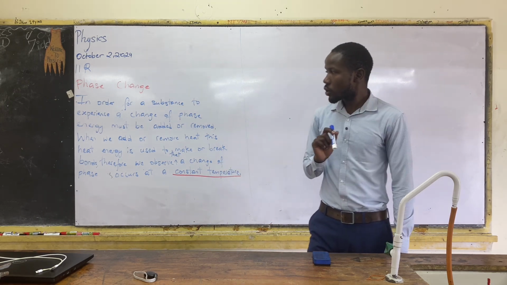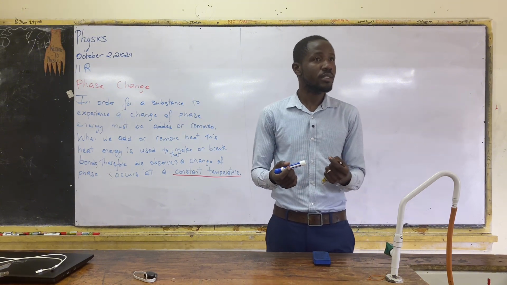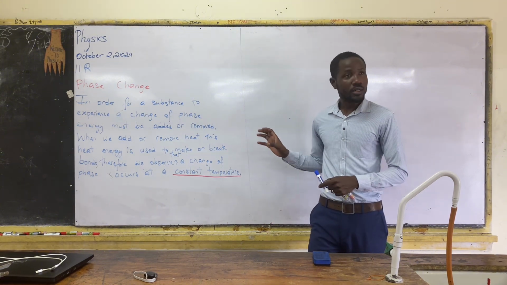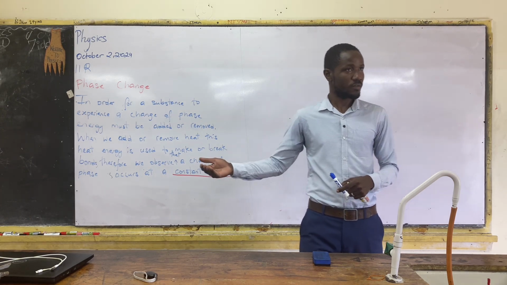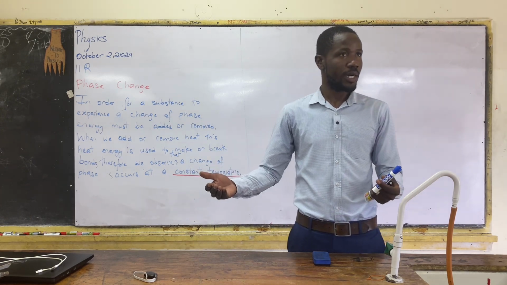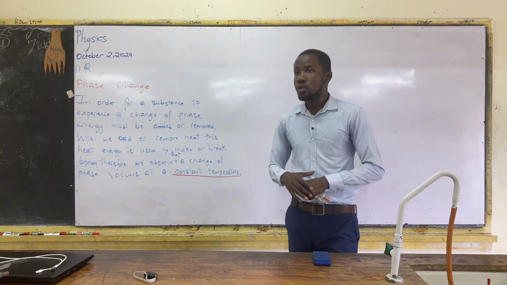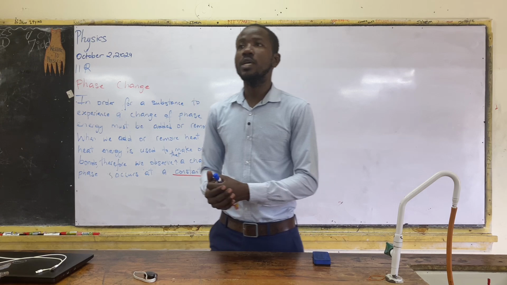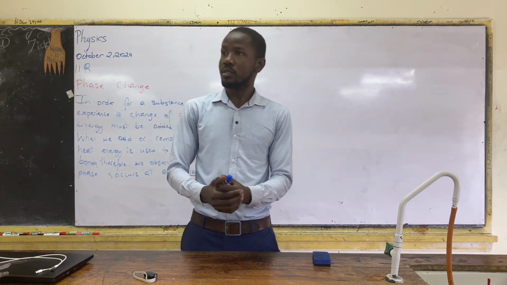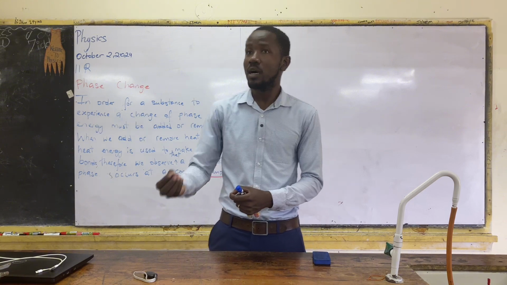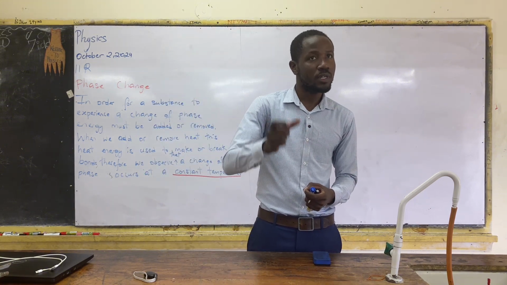Alright, yes. So, again, Sandy, we're saying that we are using heat to cause a change of phase, or a change of state. So either we're adding heat or we're removing heat. Normally, when we relate adding or removing heat, we always associate it with a change of temperature.